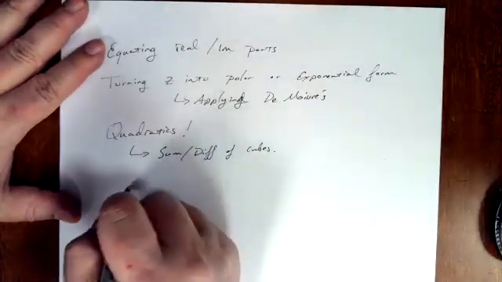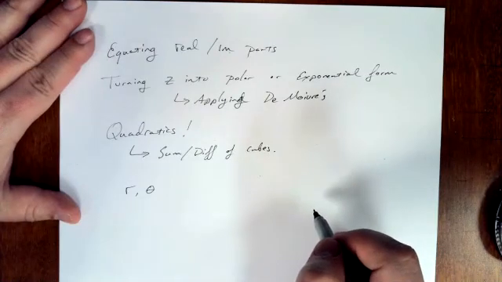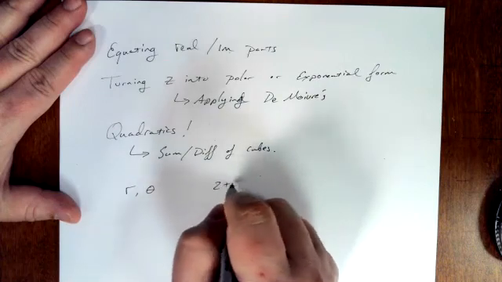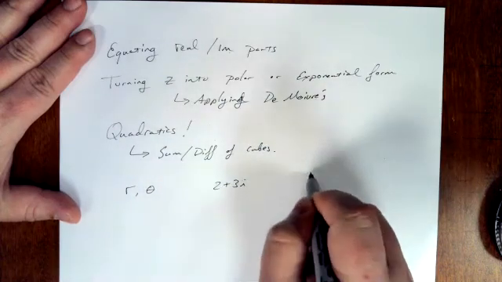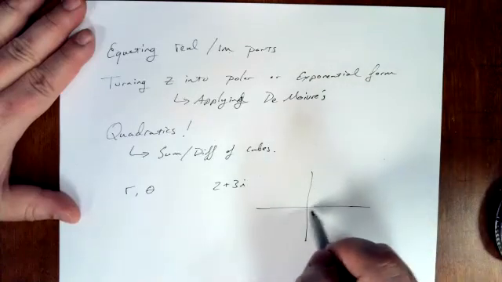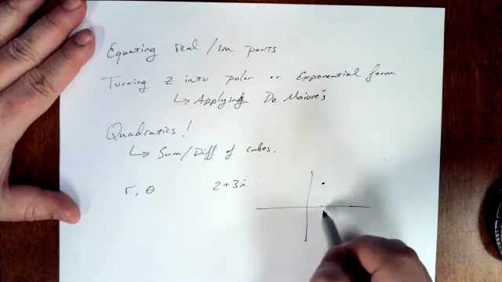Know how to find R, know how to find theta. If I give you a Z, I want you to be able to graph that on an Argand diagram. So this is over 2 in the reals and up 3 in the imaginaries.